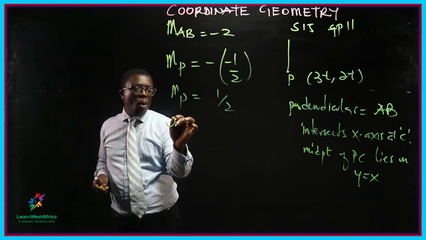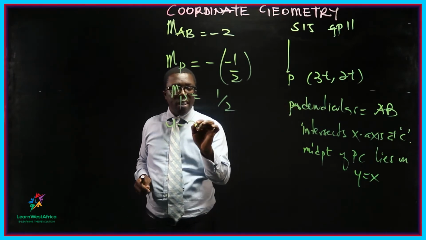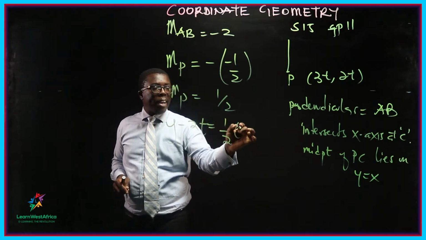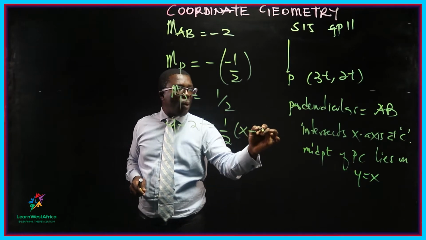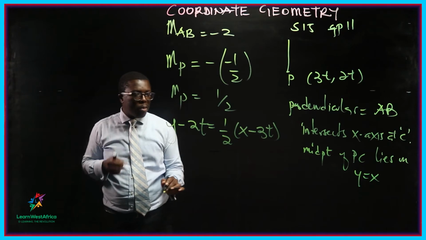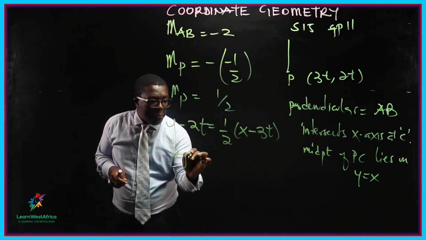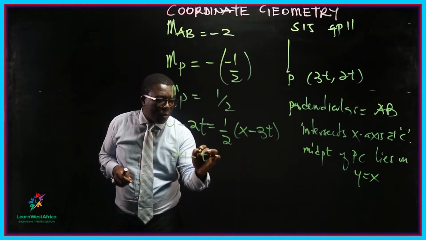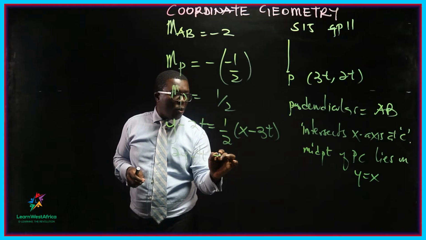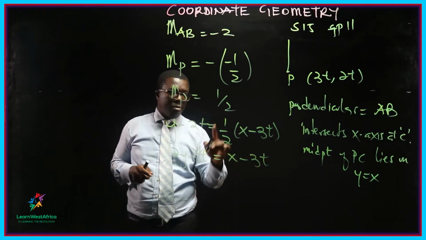We go y minus y1, and our y1 will be 2t, equal to m, half, into brackets x minus x1. That is 3t. So let's resolve this nicely. What are we going to get? 2y minus 4t equal to x minus 3t.